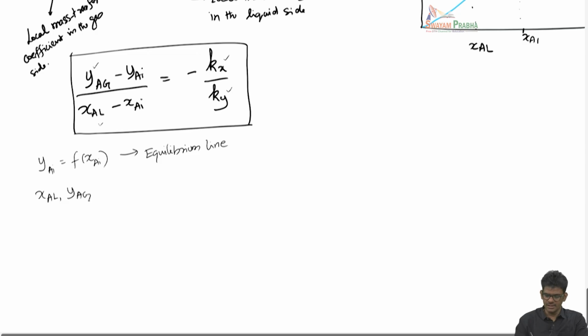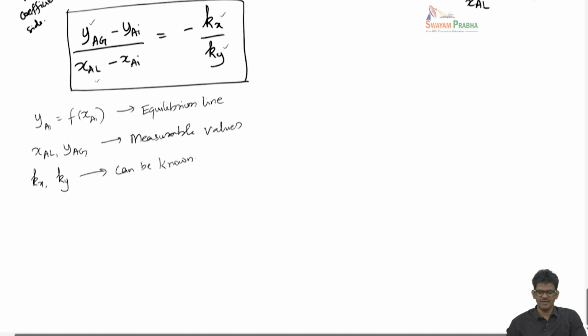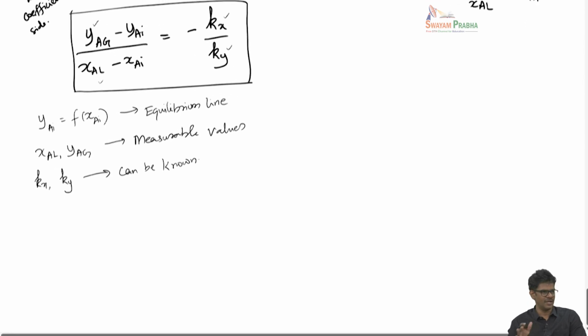XAL and YAG are measurable quantities experimentally. Kx and Ky can be known; these can be measured from control experiments. With all these things, we have only one unknown and we can solve for that.